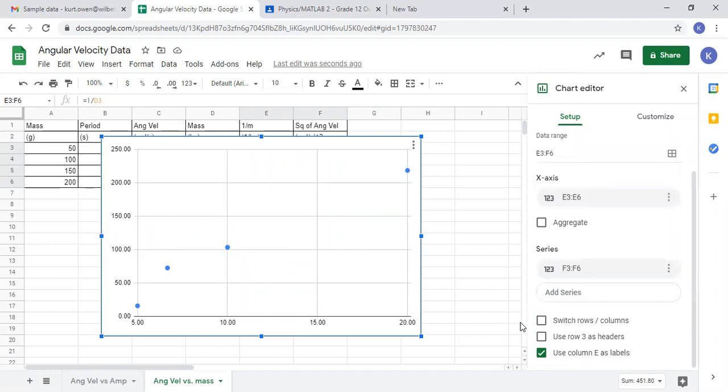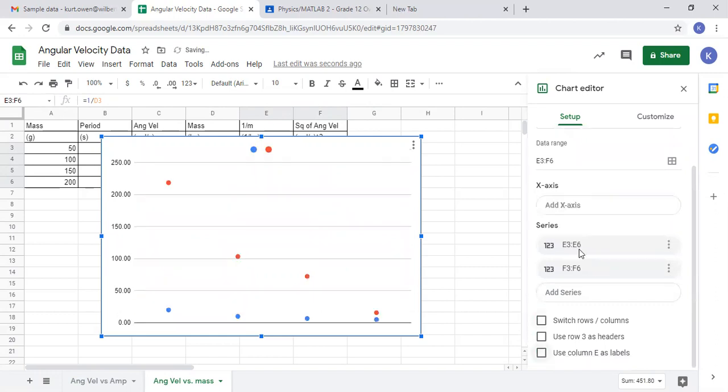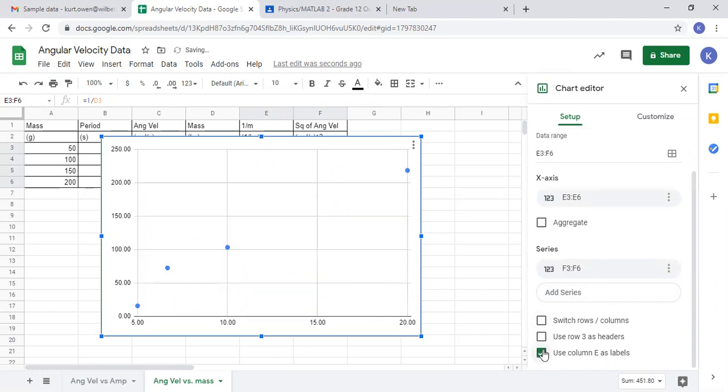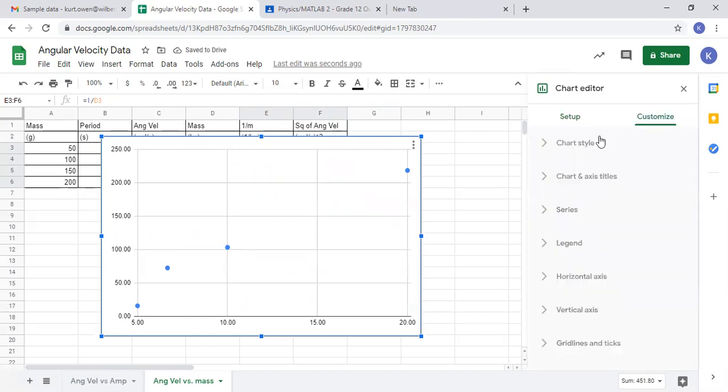Oh, let's not use column E as labels, so let's get rid of that. What happened there? Column E, let's put that back in because I liked it better before. So let's customize. Oh, when I didn't do that, I was trying to do each column separately, as opposed to linking the data together. All right.